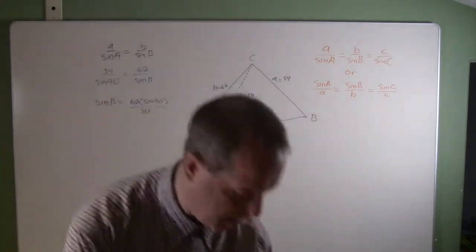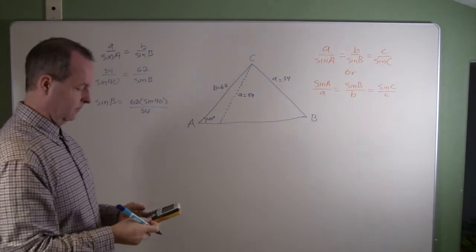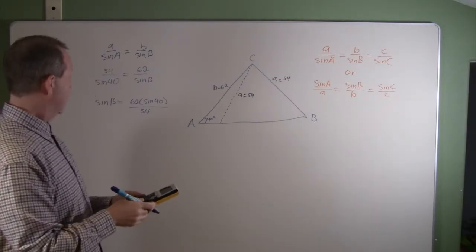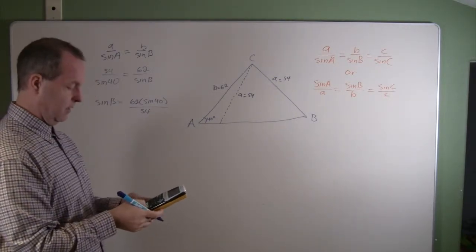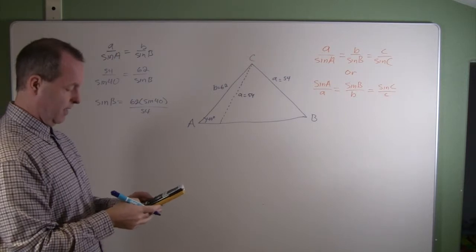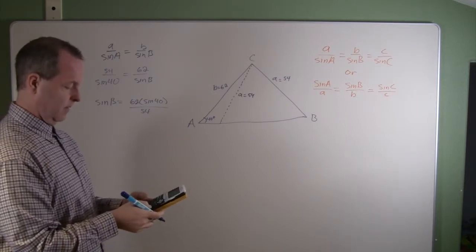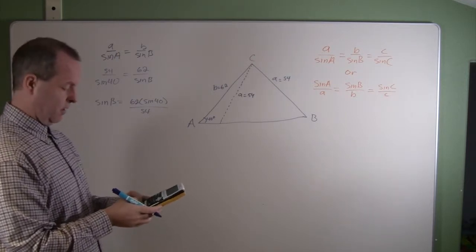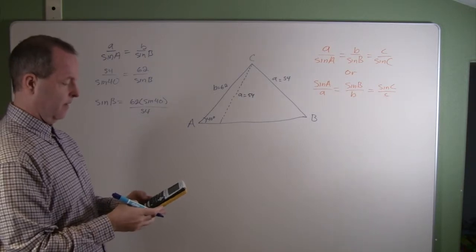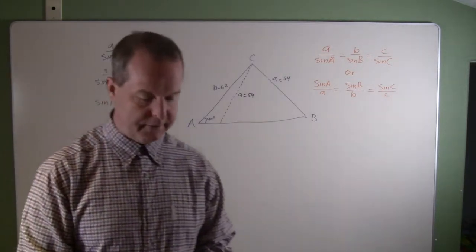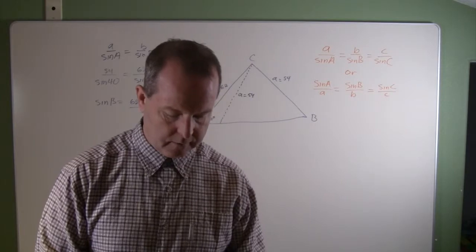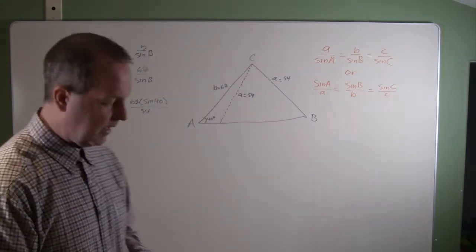All right, let's pull out the black box. Make sure I'm in degree mode. Sine of B equals 62 times sine of 40 divided by 54. And I get 0.7380.